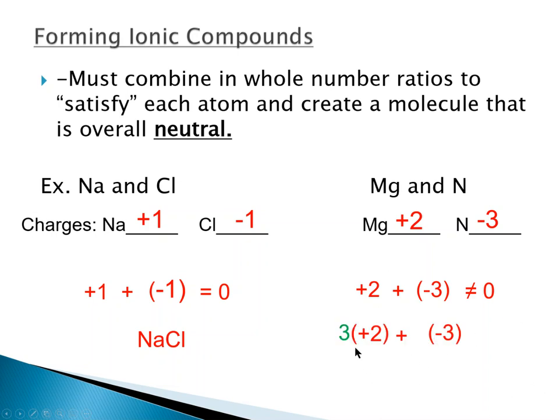If I multiply the positive charge by 3 and the negative charge by 2, then the equation becomes +6 plus -6, which equals 0. That tells me I need 3 of the positive ions and 2 of the negative ones to make the compound, so the formula is Mg3N2. Essentially we're just going to figure out what the charge of each ion is, and then write them into an equation and multiply each ion by a factor that balances everything out.